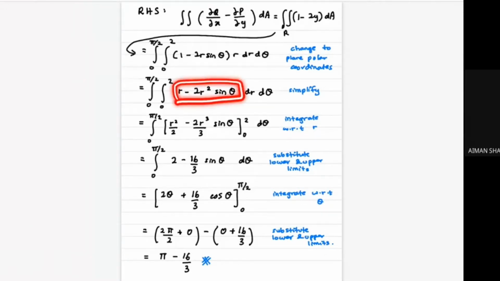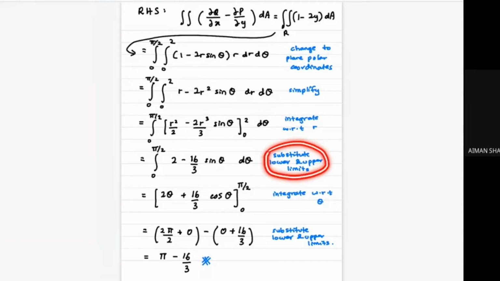So first you want to integrate with respect to r. Integrate this with respect to r. So r, you get r squared over 2. 2r squared, you get 2r to the power of 3 over 3. Next you have to substitute the lower and upper limit for r. Substitute correctly.